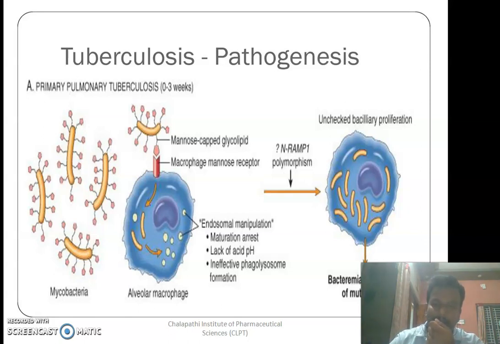Whenever these alveolar macrophages try to kill Mycobacterium tuberculosis, they try their best, but ultimately it results in a change in the shape of alveolar macrophages, which results in the formation of epithelioid cells. Since these modified macrophages resemble epithelial cells, we call them epithelioid cells.